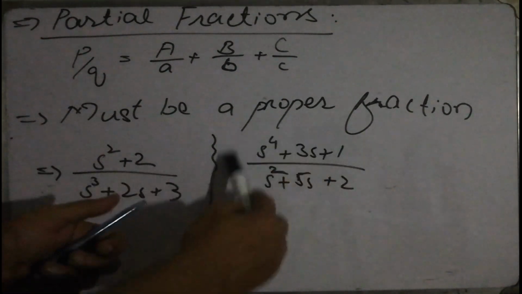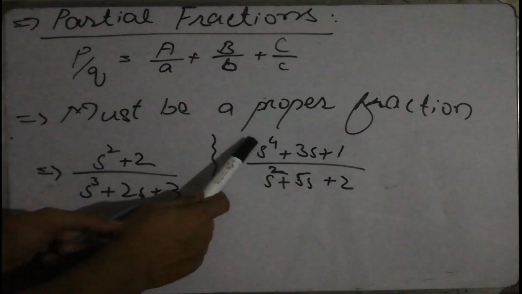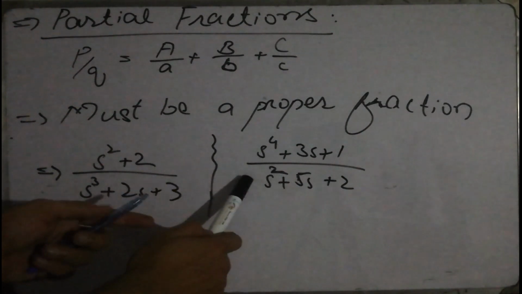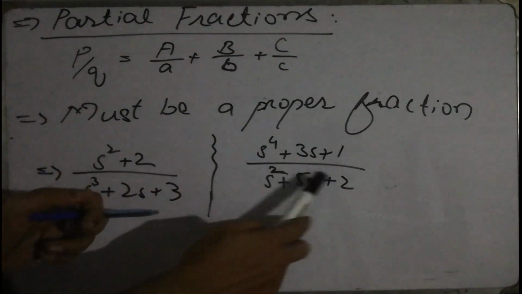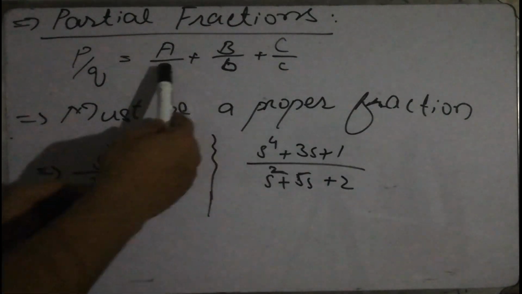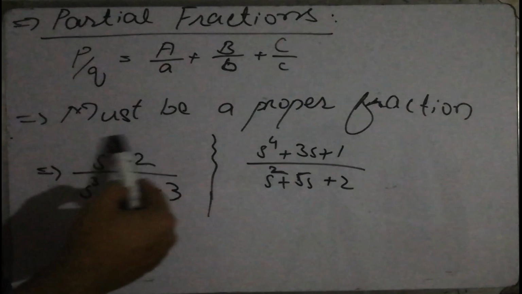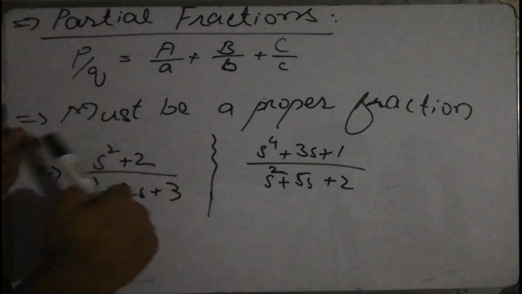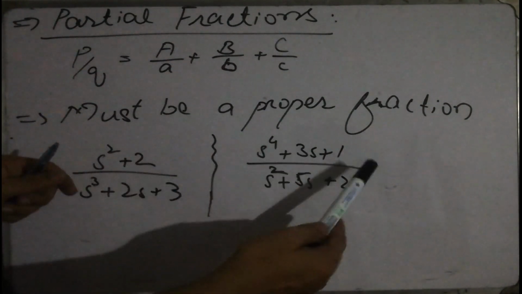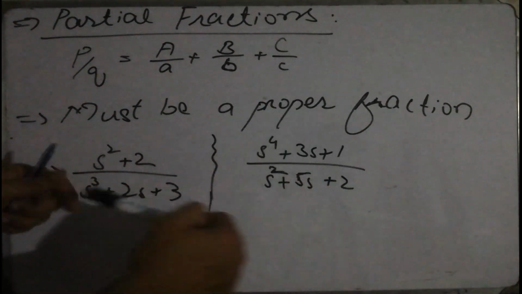But in this case, as you can see, the highest power in the numerator is more than that in the denominator, and this is an improper fraction, so we cannot convert this one into its partial fractions, but we can convert this one because it is a proper fraction. Now what if we have an improper fraction?